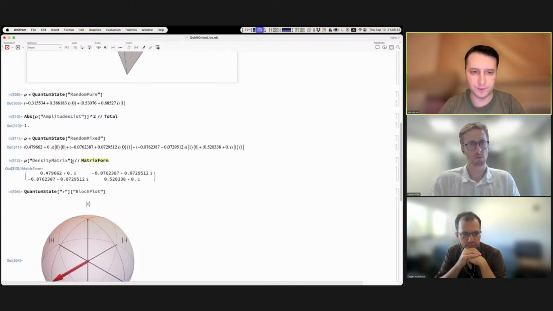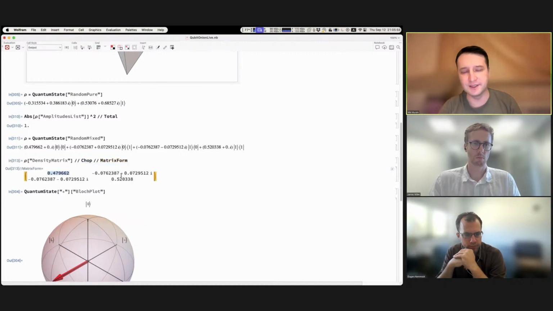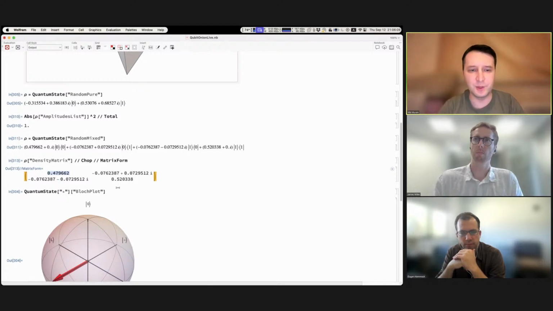It has real numbers on the diagonal and some complex number and its conjugate, so it's the same number with the sign of the imaginary component flipped. Those off-diagonals are called coherences, right? Now the probabilities are on the diagonal, without any squaring; those diagonal elements are real numbers that represent the probabilities.